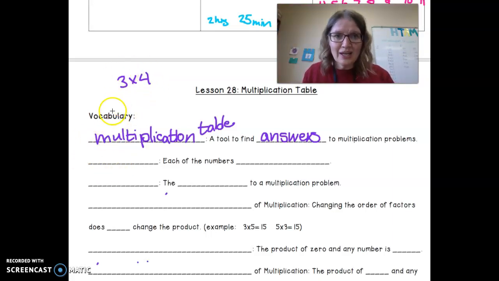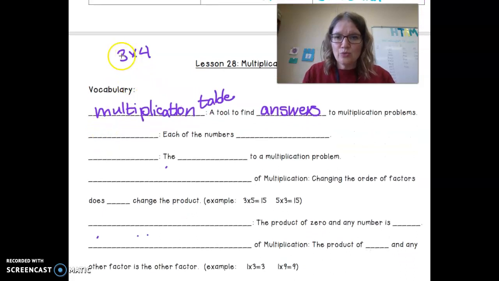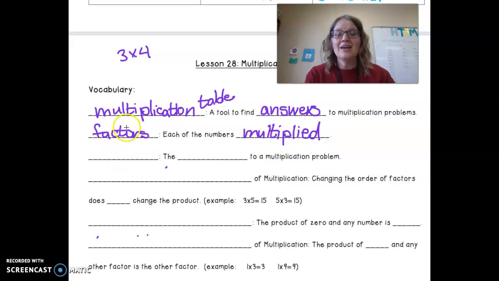When we're talking about this 3 times 4, the 3 and the 4 are called factors, and they are each of the numbers that are multiplied. The other thing is a factor times a factor equals a product.